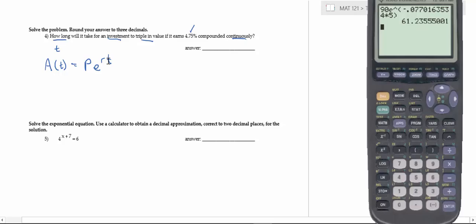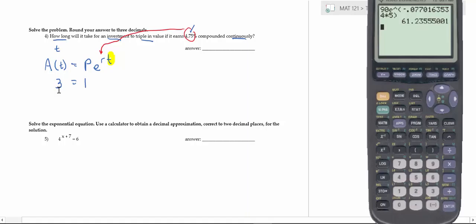Okay. So what you're going to do on this is, it says how long does it take for something to triple? You're going to find t. They've given you the interest. So notice on this, the interest is 4.75%, or you can think of that as the growth rate. That's given. Now they don't give you the amount you start with, so it doesn't matter. You just call that 1. And then if this is going to triple, the 1 is going to go to 3.